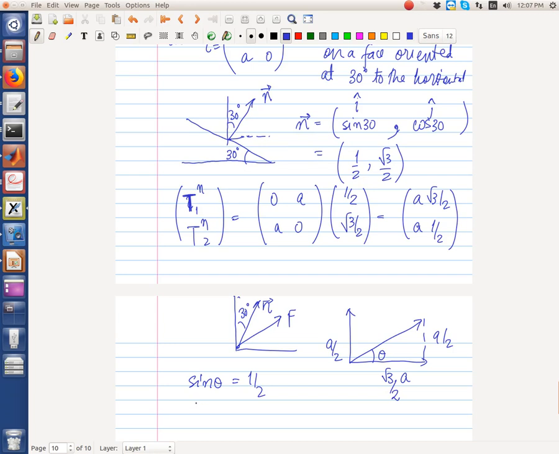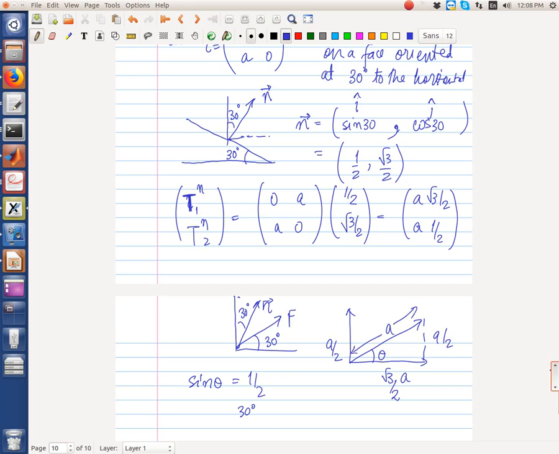So sin 30 is half, so this angle again becomes 30 degrees. So F is at an angle of 30 degrees from the horizontal. So this theta becomes 30 degrees. So clearly the force and the normal vector are not aligned. If this is a by 2 and this is square root of 3 by 2 a, this is automatically 30 degrees from trigonometry.